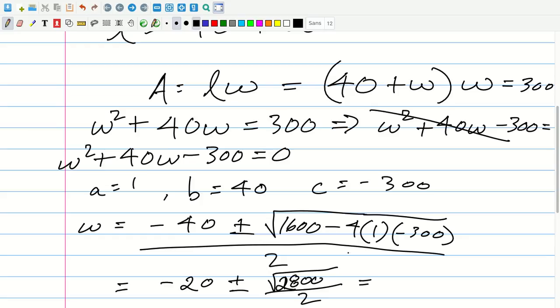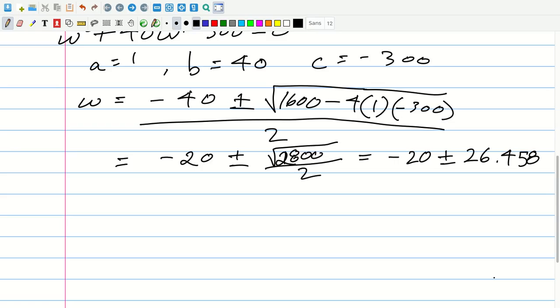Yeah, and then divided by 2, I get that it's negative 20 plus or minus 26.458 or whatever. If I take the minus, I get a negative for the width. That's a no-go. So it's got to be 6.458 feet for the width.